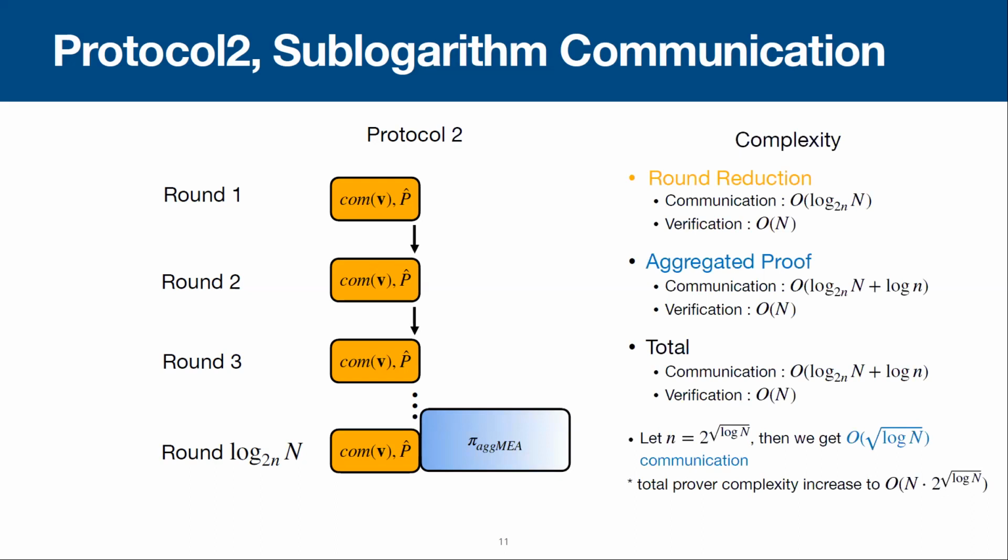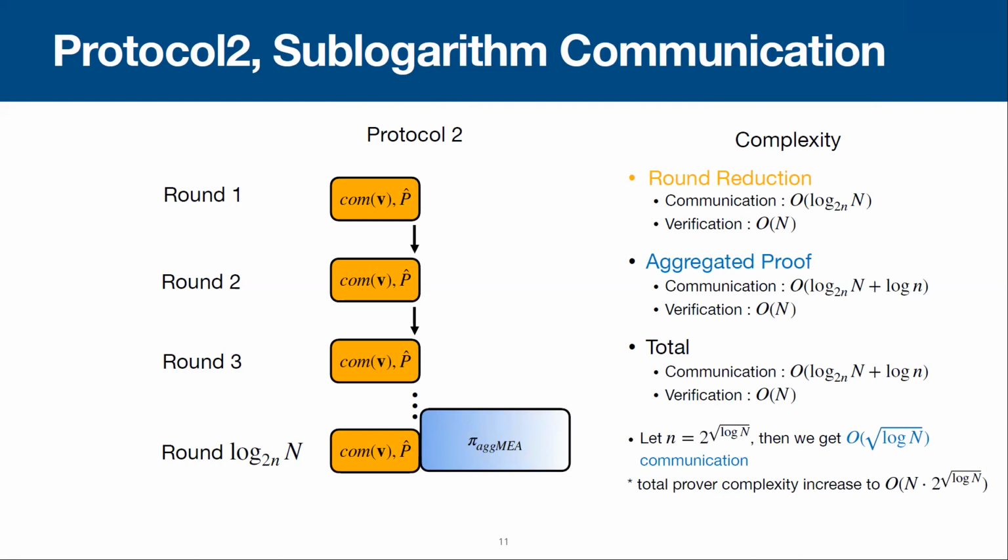Let's focus on communication cost. In round reduction, the communication cost is O(log large n based on small n), and for the aggregation proof, the communication cost is O(log large n based on small n plus log small n).